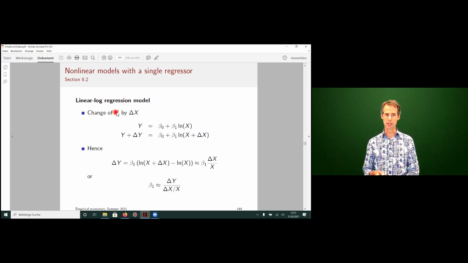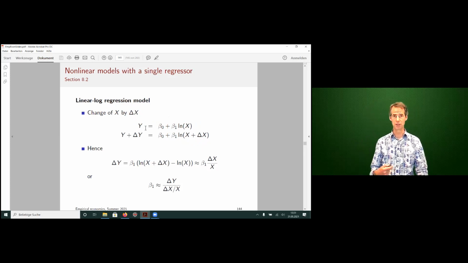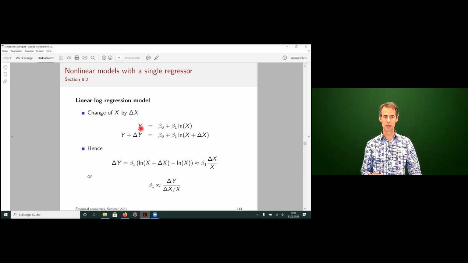So if we change x by delta x, then on the right-hand side, we start off with the log of x, and then we go over to the log of x plus delta x. On the left-hand side, that induces a change in the endogenous variable y. So we start at y, and then after we change the x, we get a new value on the left-hand side, and the difference between these two values, the old one and the new one, is delta y. So this is, in a way, the definition of delta y.